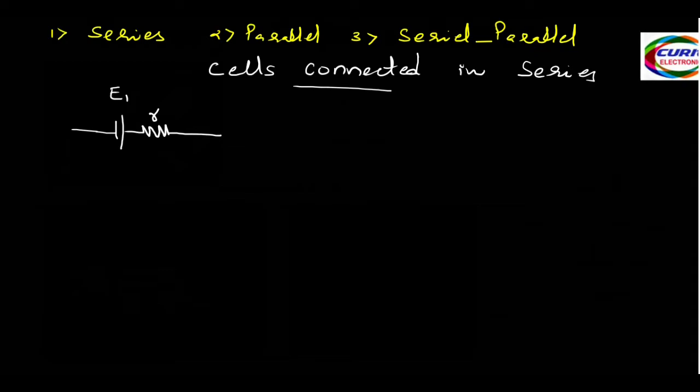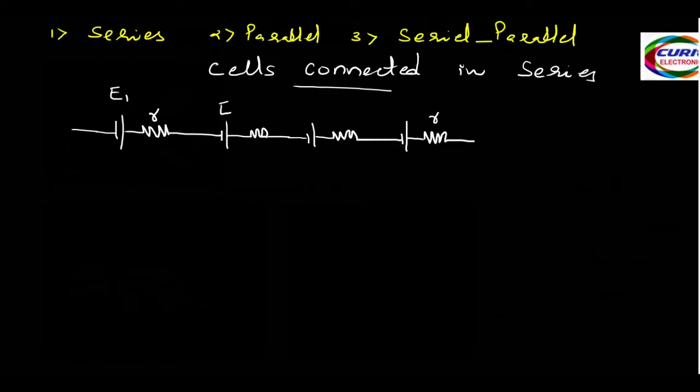This is the second cell and its internal resistance. Next, I'll draw one more cell. So this is the third cell, and its internal resistance. Again one more cell, the fourth cell. Four cells are connected in series. These are their internal resistances.